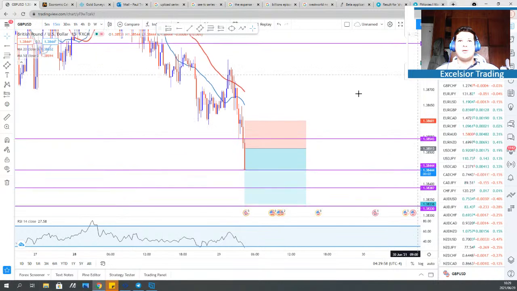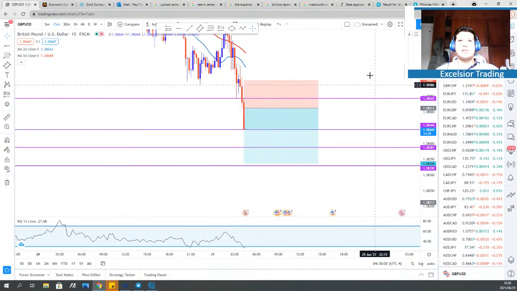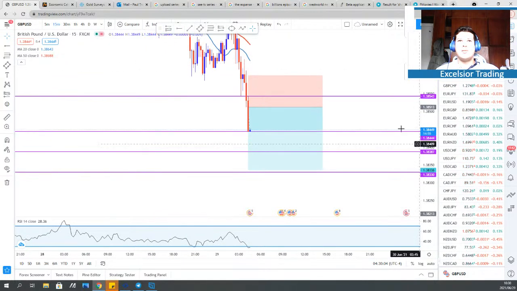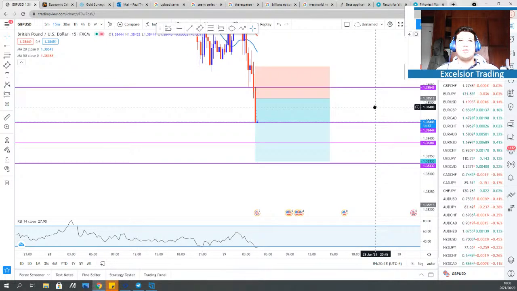So okay, let's see what the next candle does. Because we are at support here. I'm not putting to break even yet, but I will be taking 30% of my position.